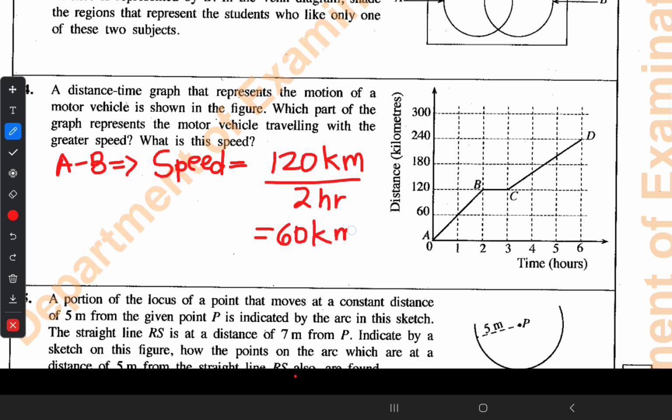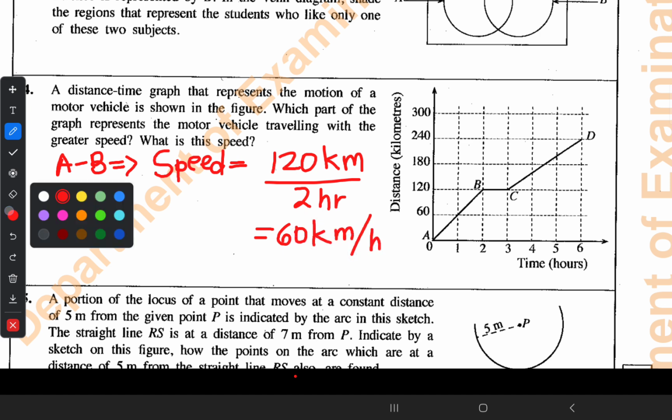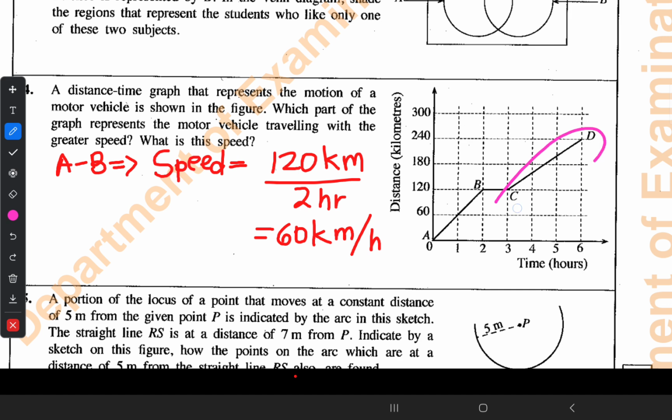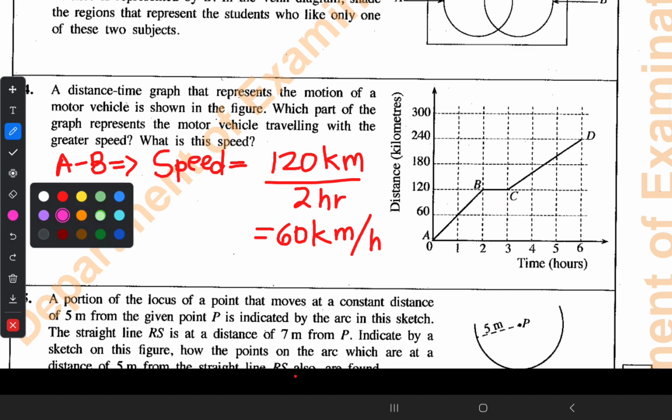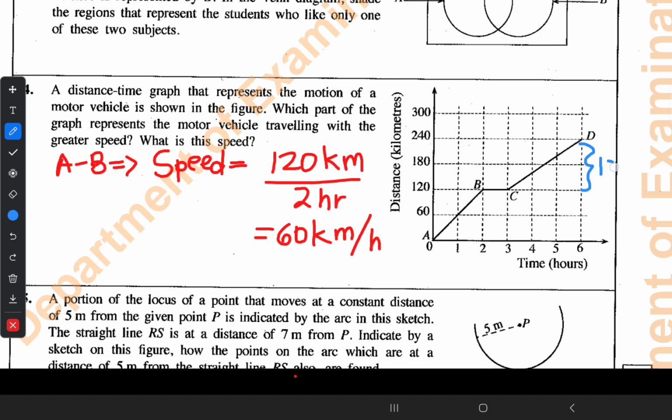For the second region, to find the speed, you cannot write the total 240, because it already traveled 120. So the distance it covers is 120 kilometers within this time.